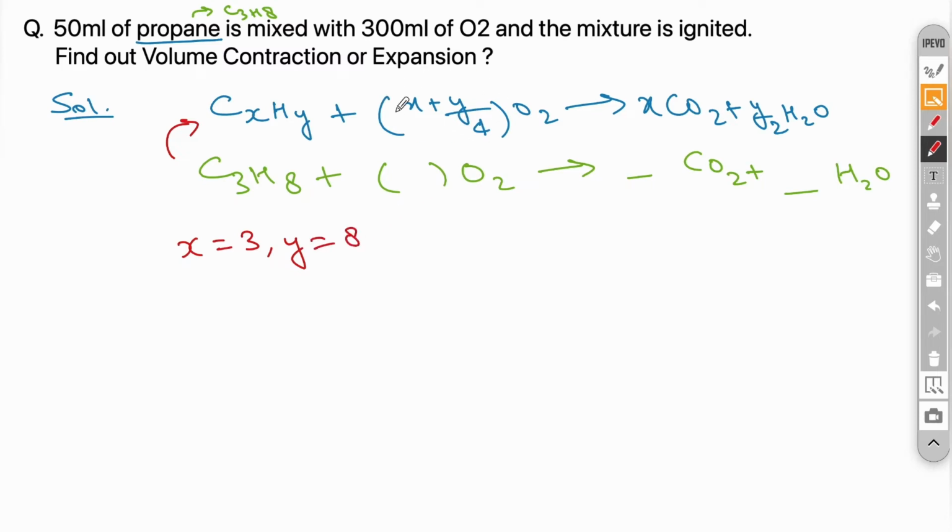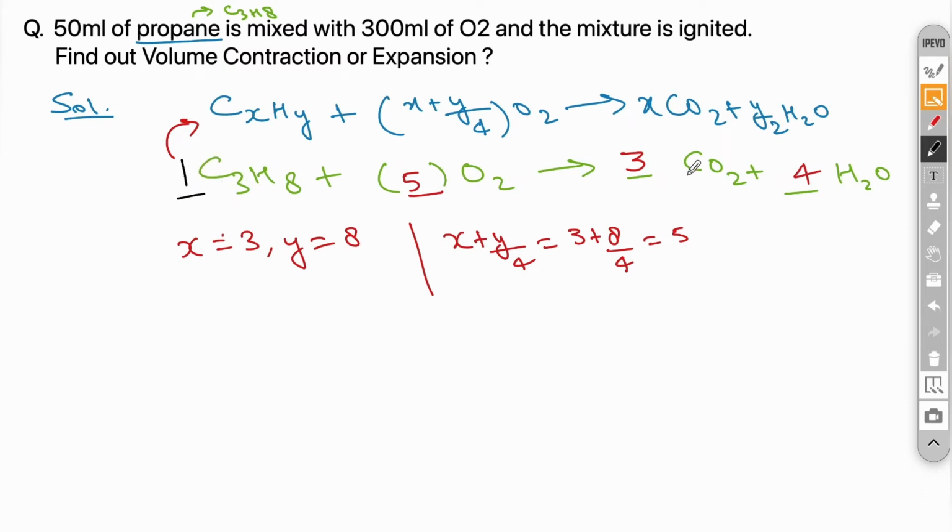So x plus y by 4, which is the coefficient of O2, will be 3 plus 8 by 4, which comes out to be 5. So 5 O2 giving us xCO2, x is 3, CO2 plus 8 by 2 of H2O, which is 4. So this is our final reaction which is occurring here.